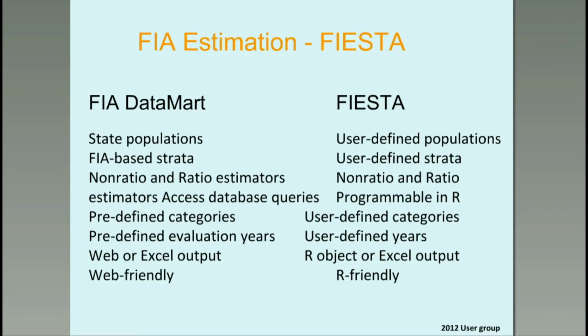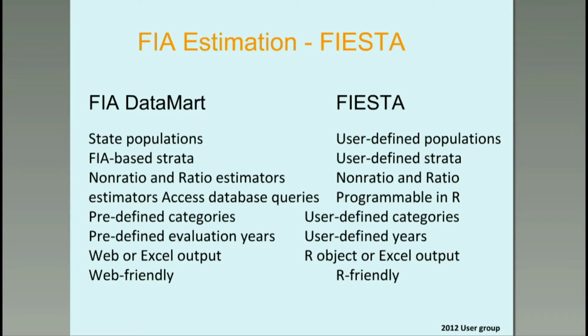Whereas in FIESTA, the estimation unit is actually the polygon of interest. As far as FIA tools, it's FIA-based strata, so there's one strata within the database, and most estimates are based on that. Whereas FIESTA, as I said before, you can use any stratification layer you want, as long as there are enough plots per strata.